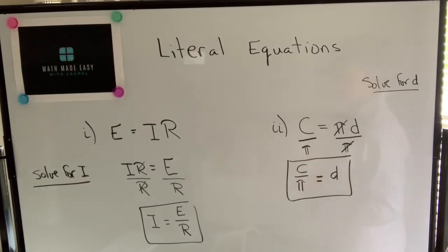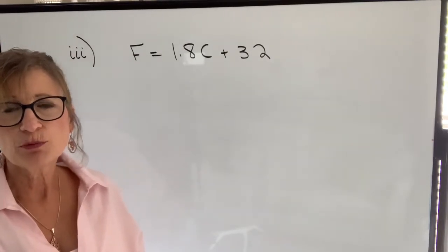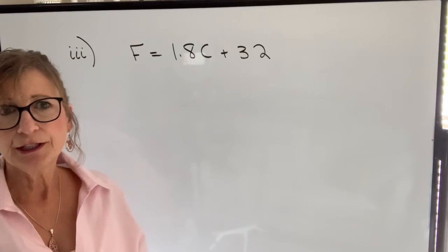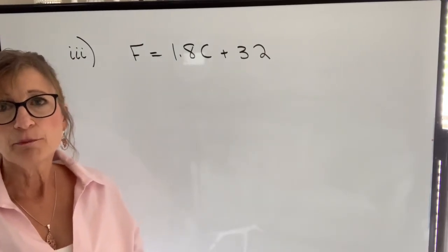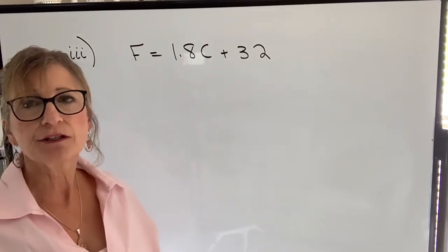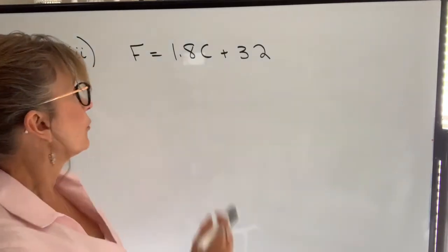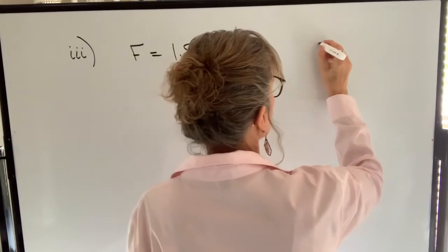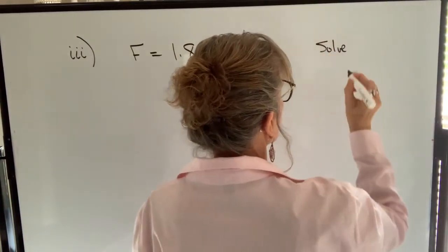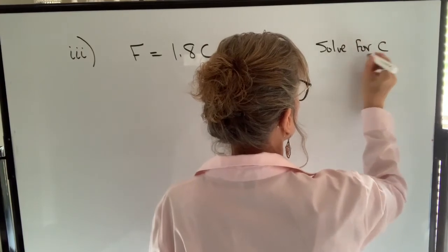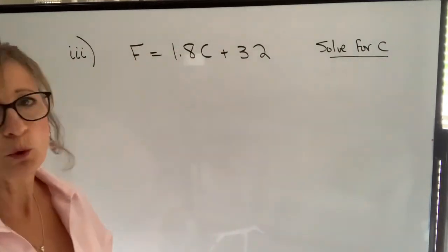Let's take a look at some more. This equation represents a formula for converting Celsius temperature to Fahrenheit, and I might want to rearrange it so that I can convert the other way. So in order to do that, I want to solve for C. I want to find C if I know F. So that's what my goal is.